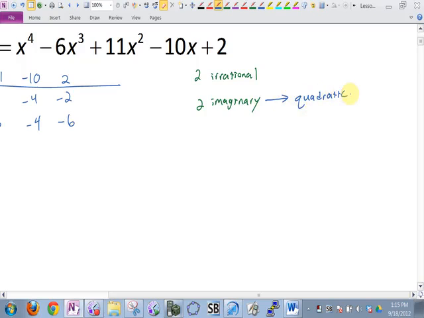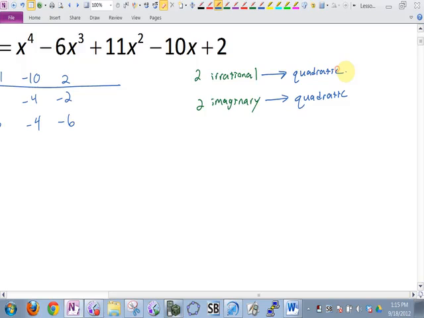Okay, so I know these two imaginary zeros come from a single quadratic factor. So by process of elimination, what type of factor must these two irrationals come from? Also has to be a quadratic, because what is the degree of this polynomial to begin with?